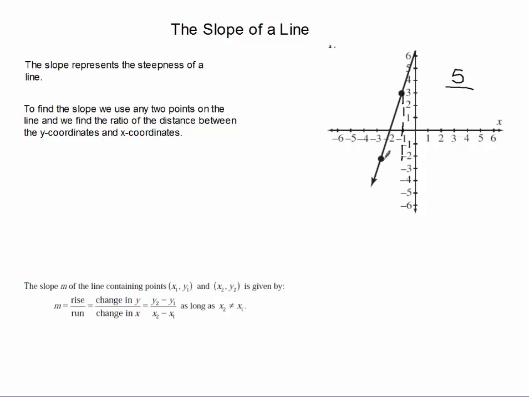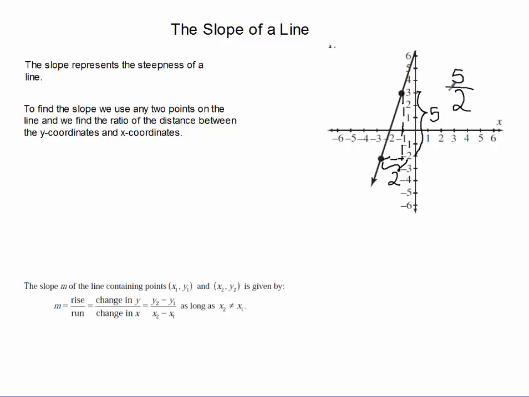And we also look at the distance between the x's. From -3 to -1, that's 1, 2, so 2 units. This ratio represents the distance between the y's, that's my 5, and the distance from this x to this x, that is 2 units.